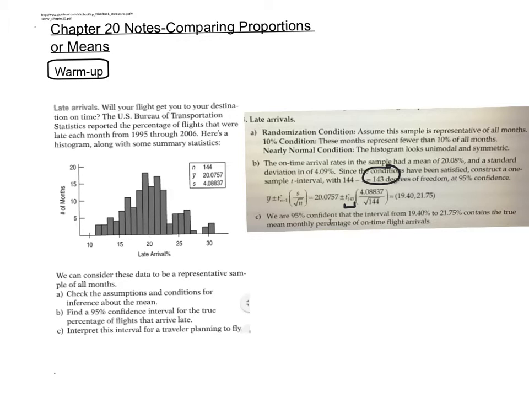When you add and subtract your standard error, which is your standard deviation over the square root of n, from that mean, you end up with 19.4, 21.75. So you could say you're 95% confident that the interval from 19.4% to 21.75% contain the true mean monthly percentage. So what's weird about this answer is it's technically a mean, but they look like they're proportions, so that's the only strange part. You still use the mean formula.